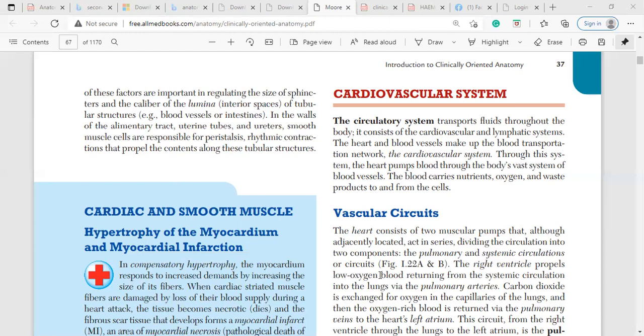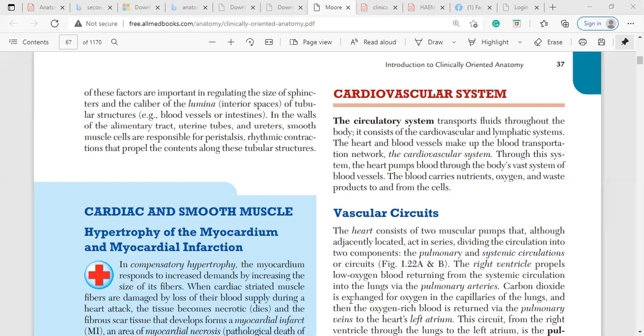Now, when the blood leaves the right ventricle, it enters into what we call the lungs. But for it to get to the lung, it passes through the pulmonary arteries. Now, that blood contains carbon dioxide because we said it is deoxygenated, so it doesn't contain oxygen. Carbon dioxide is exchanged for oxygen in the capillaries of the lungs, because in the lungs, that is where you have oxygen.